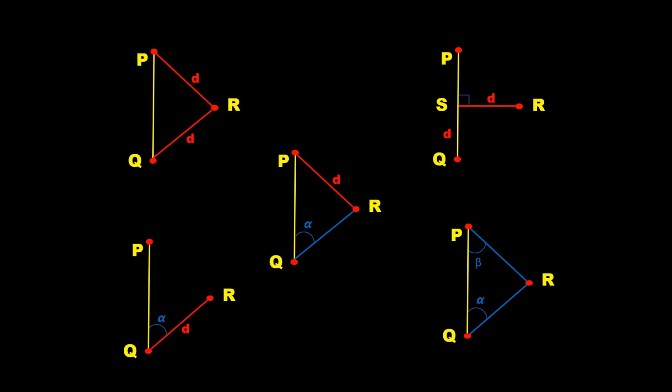But previous to the total stations, when we had to actually physically measure distance with tapes and things like that, sometimes some options were not possible because of the constraints of the terrain. It was just too rough or covered in gorse or something like that.